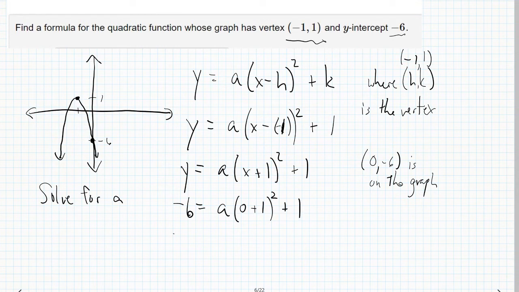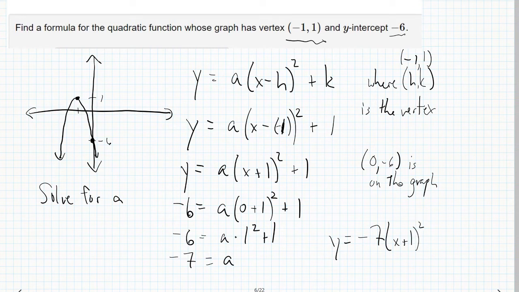So notice this makes -6 equals a times 1 squared plus 1. Well, that's going to mean we can move this 1 over to the other side. That makes -6 minus 1 is -7 equals a. So at the end of the day, now we're ready to have our formula for our quadratic. It's y equals -7 times x plus 1, the quantity squared, plus 1.